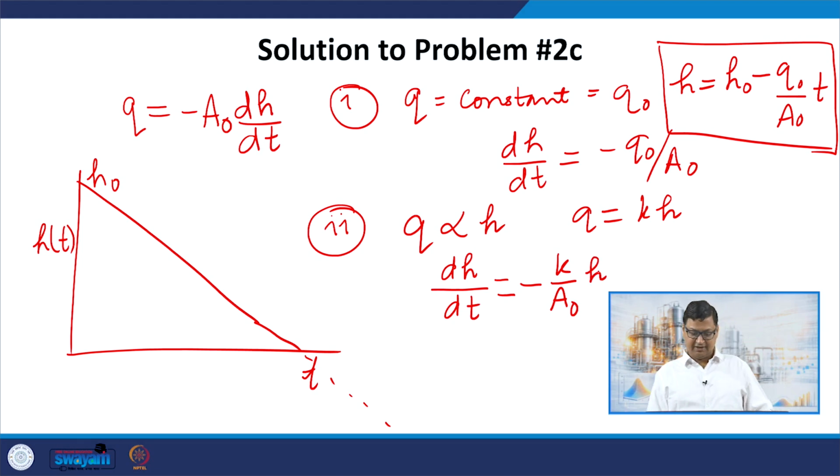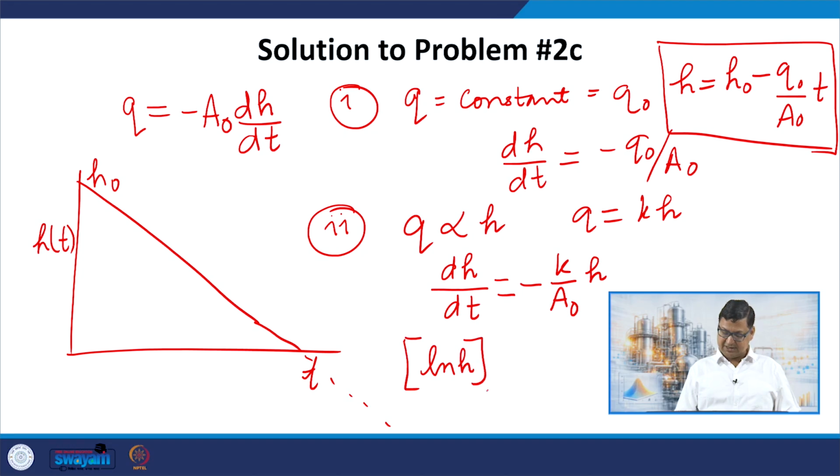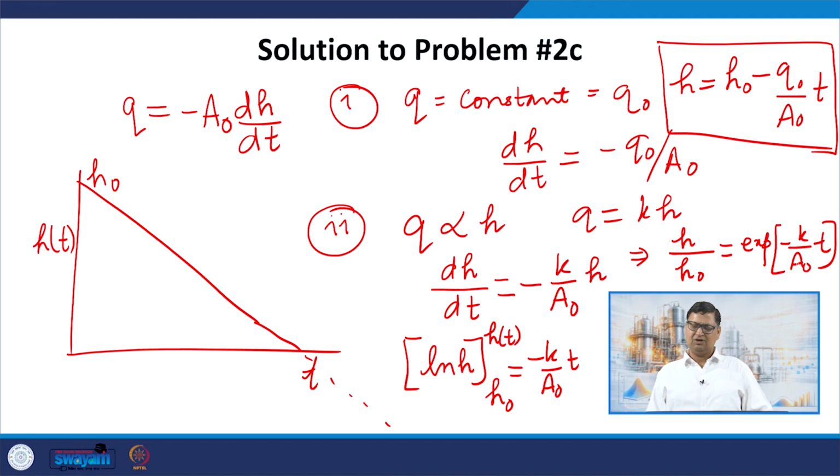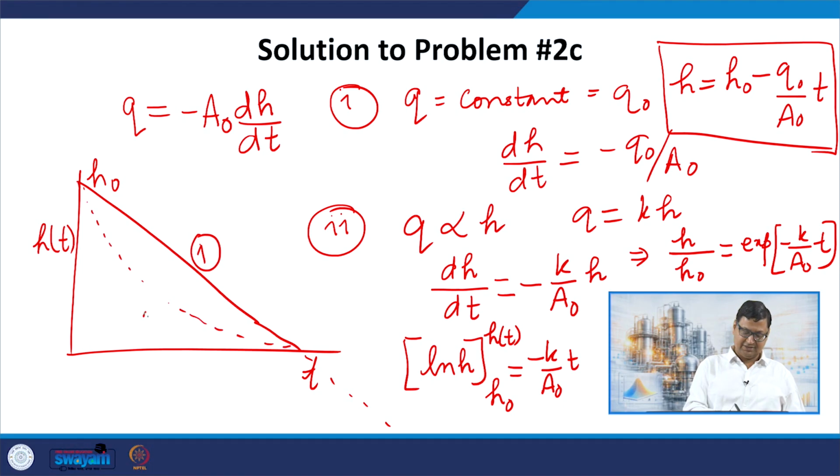And if I move the h to the left hand side and integrate, I am going to get ln of h between limits h naught to h of t equal to minus k by A naught t, and this will give me h by h naught equal to exponential of minus k by A naught t. That gives me an exponential decay of the height as a function of time. That may be a function something like this. So, this will be case 1 and this is case 2.